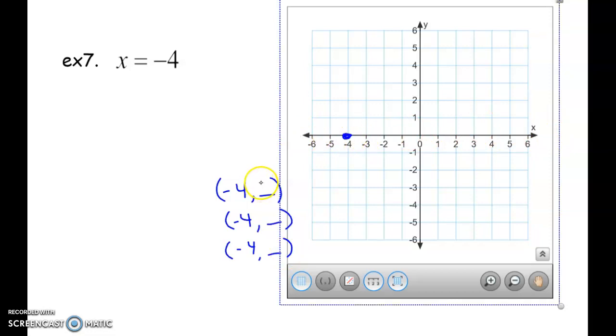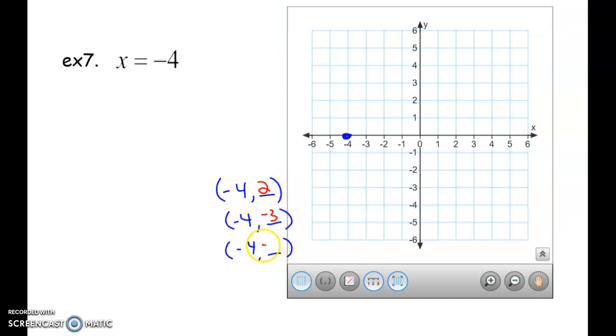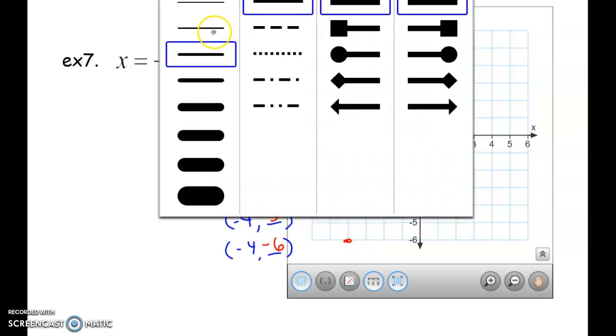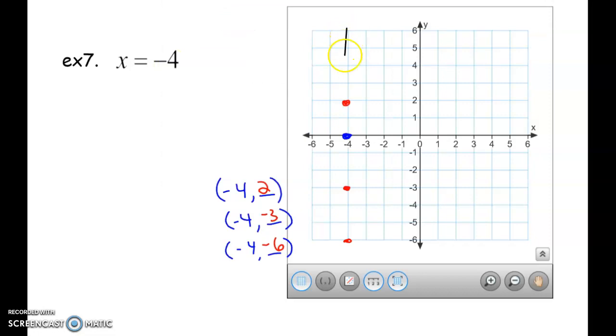All right, so you could do like -4, 2, -4, -3, -4, and -6. Well, what's going to happen is it's just going to plot these points that make a vertical line. So if I want x to always be -4, it's always going to be left 4. So it'd be this line.